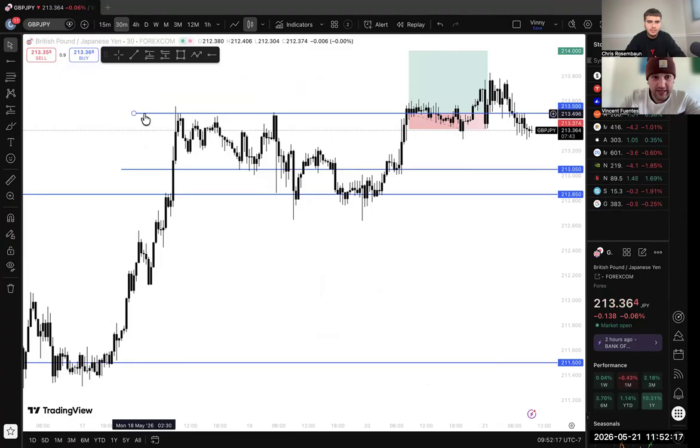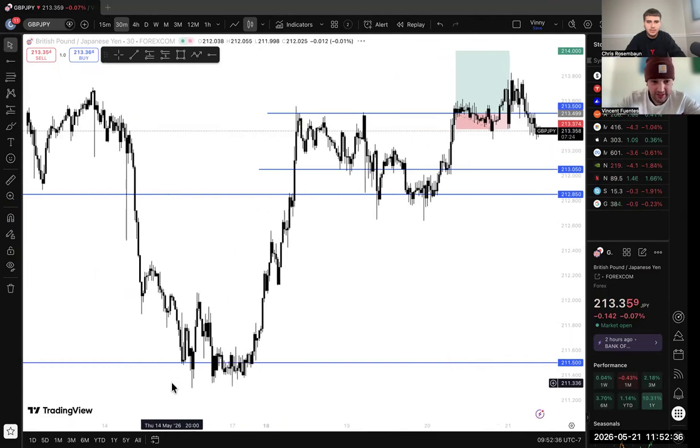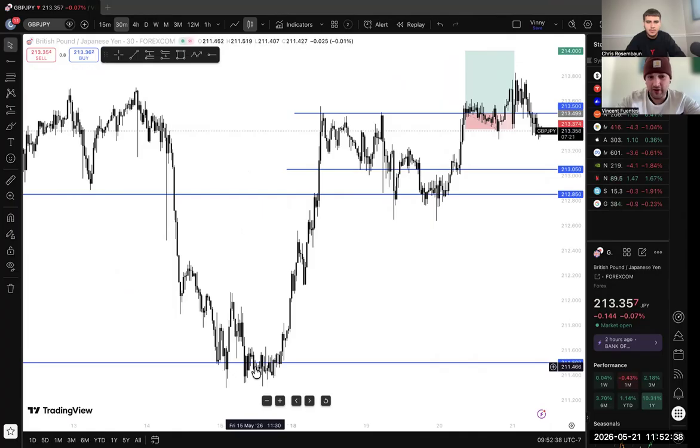This was the first line I put up here, and then the second line I put was right here because I was like, all right, there's a resistance and then there's a support. The line in the middle, I forgot why I put it there. I guess maybe because it's a support also here. And then this one down here, I guess it was just like, okay, it's a super support because it dropped. So I just wanted to have that so I can see how far it went down.